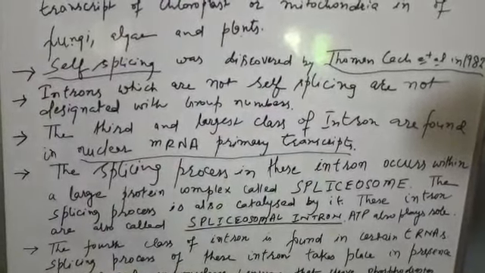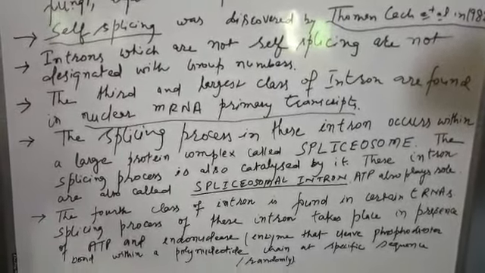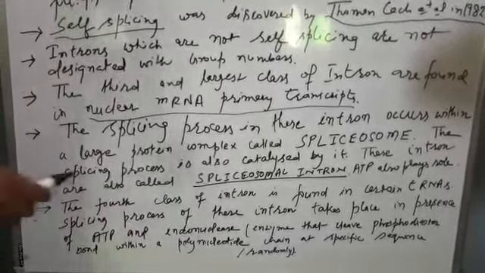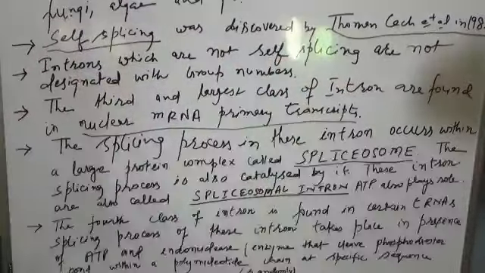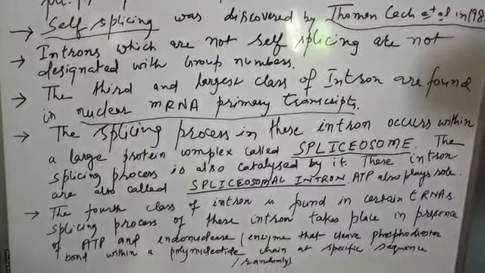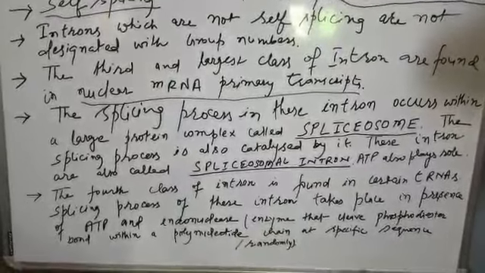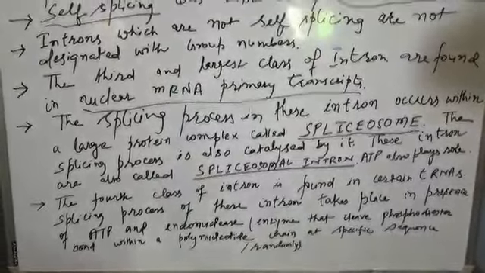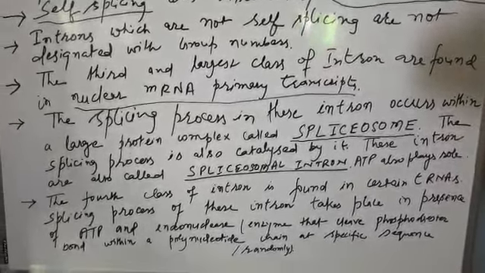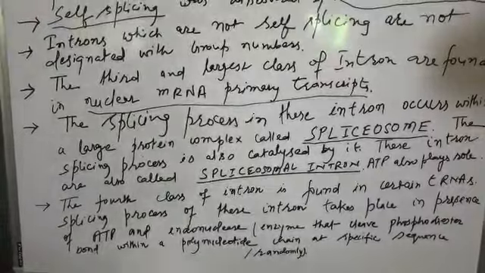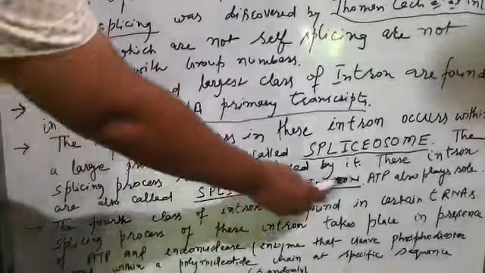And as I told you earlier, the splicing process of this intron occurs within a large protein complex called the spliceosome. Since it is catalyzed by this protein complex, the introns undergoing splicing within spliceosomes are also called spliceosomal introns.